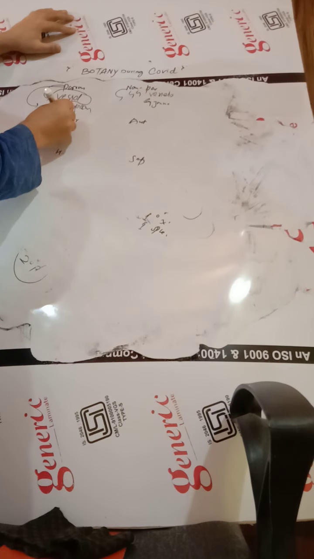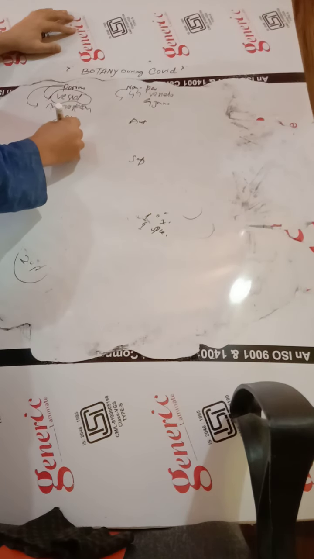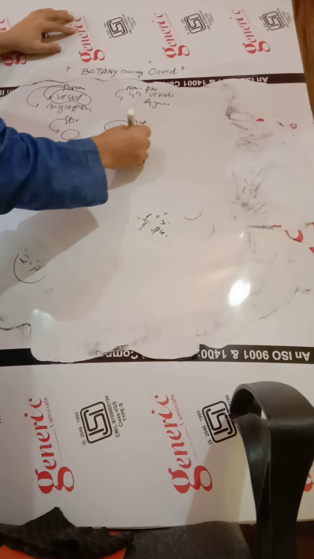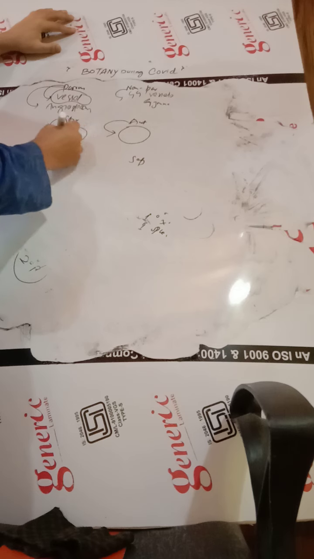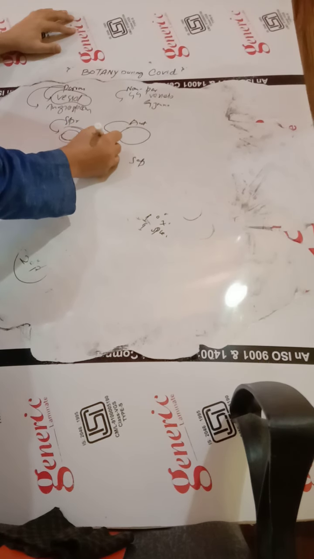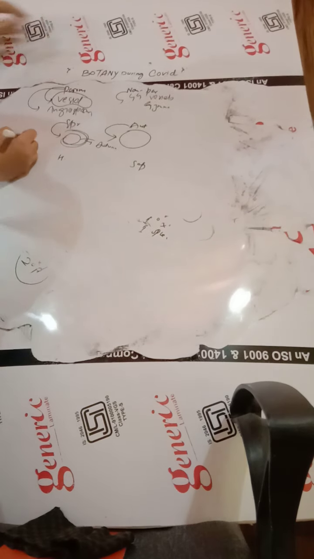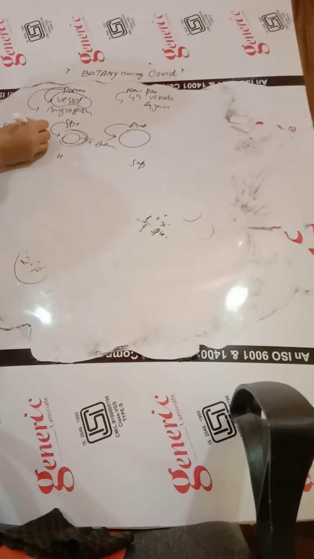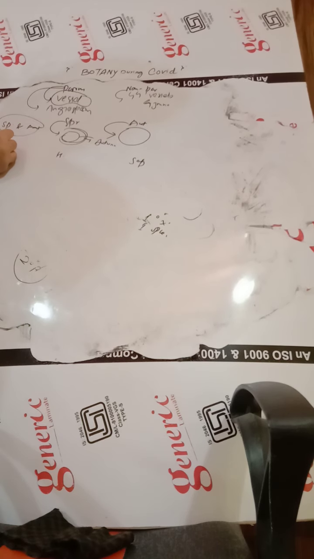Then the early formed wood constitutes spring wood, and the wood that is formed during leaf fall constitutes autumn wood. This is spring wood, and this is autumn wood. Both spring and autumn wood constitute an annual ring or growth ring.